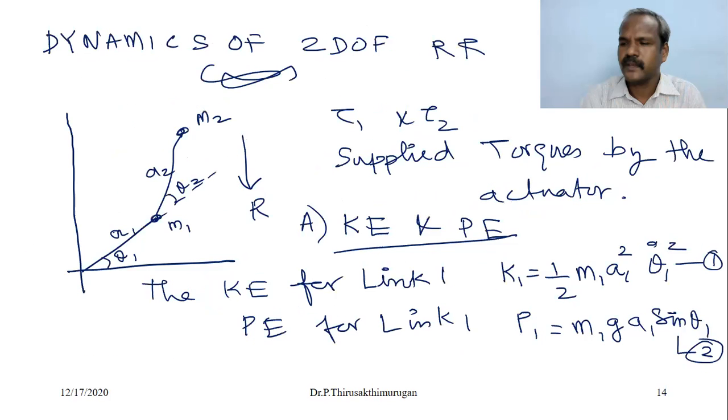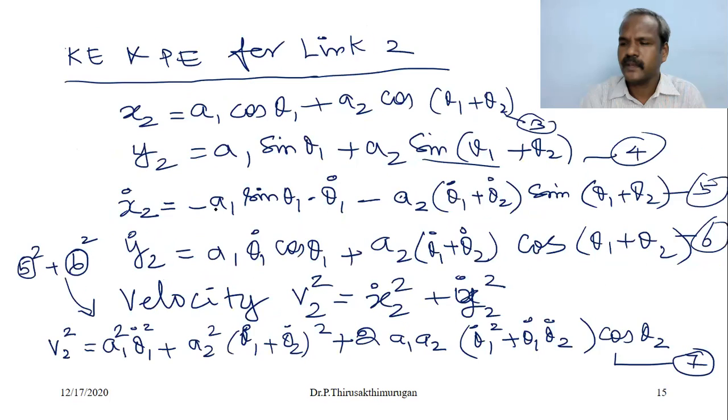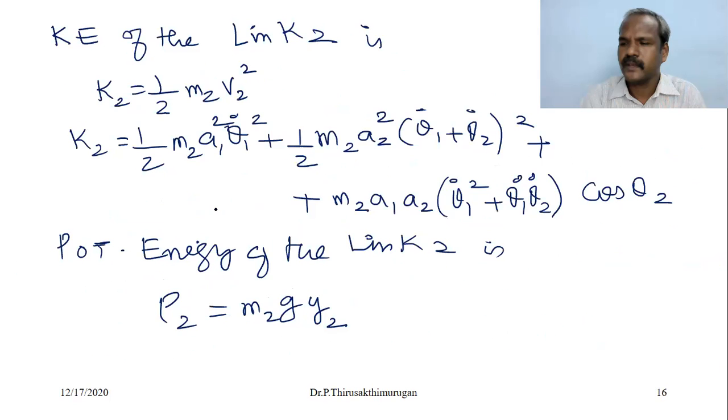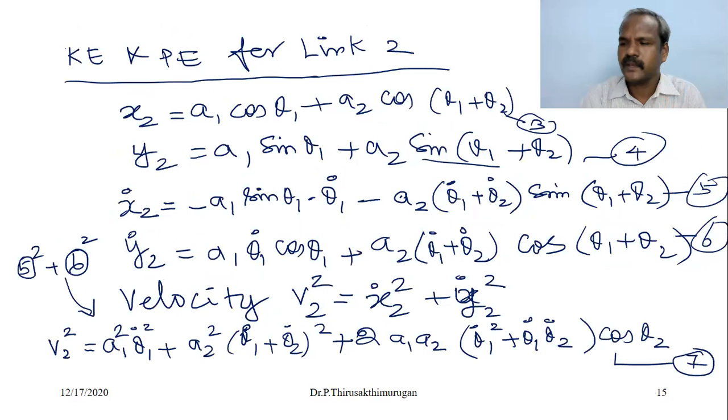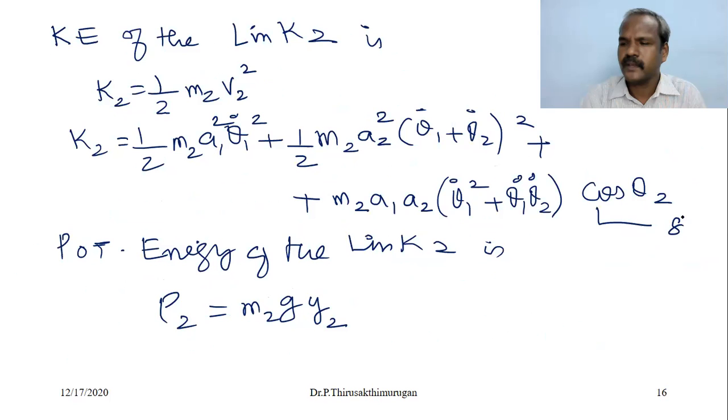From this figure, this portion is x1, at this point x1 y1, and at this end, this is x2 comma y2. So this is the height. So height h is y2, right? So this is equation number 8 and this is 9.